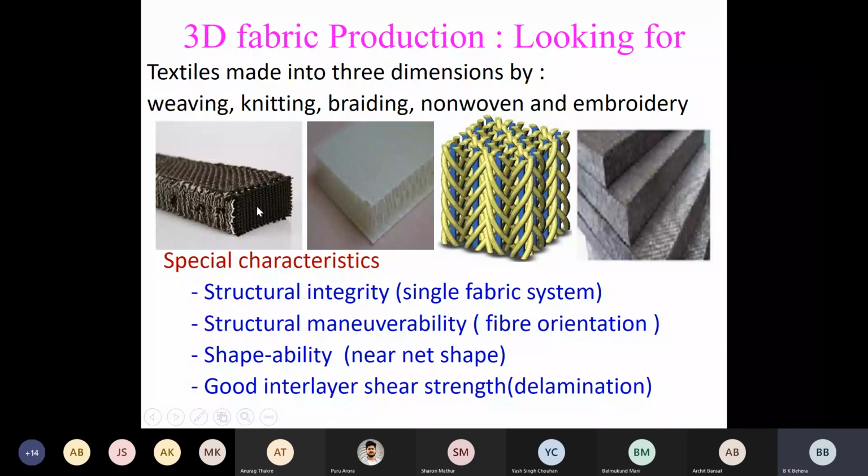They will not be delaminated because it is a single structure. So that is the point written, good interlayer shear strength. Every individual layer is integrated by some binding thread, and how this binding thread passes through the fabric structure, you will also see today in some examples.